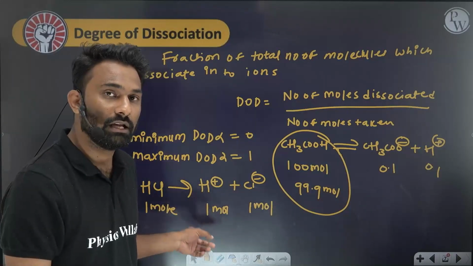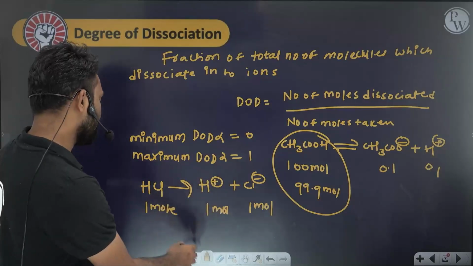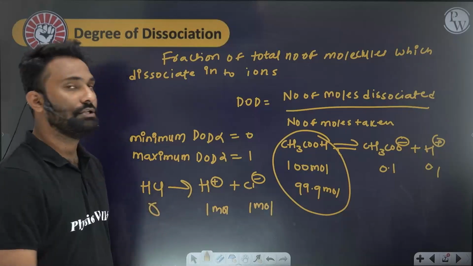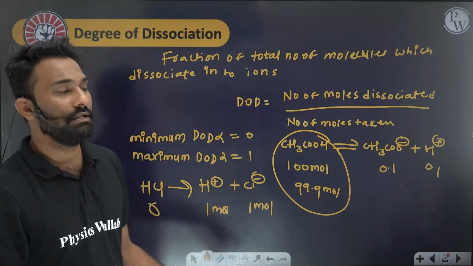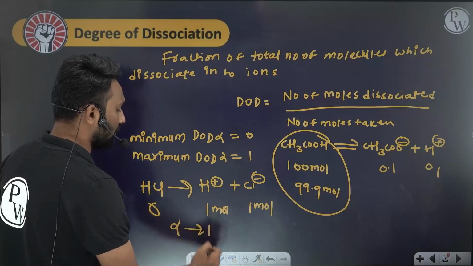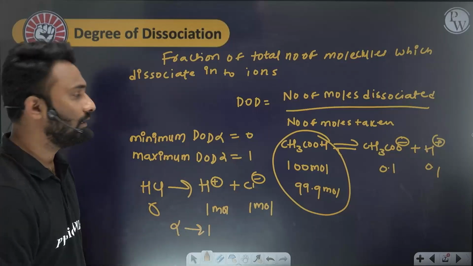How much you have taken, that much will be formed as ions. After converting into ions, 0 moles of HCl will be there. That's the reason alpha for a strong electrolyte is equal to 1.